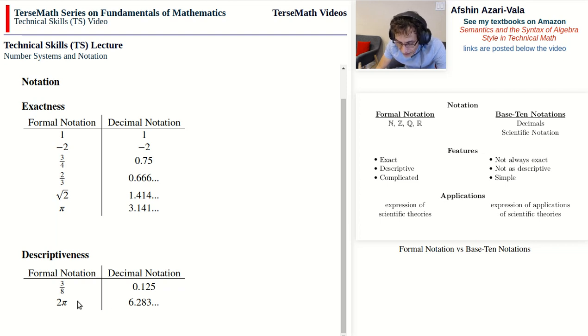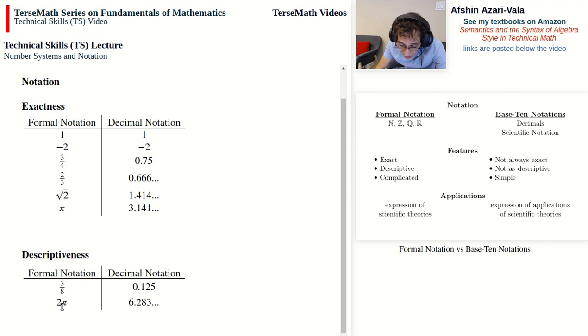And as you can see, the formal notation is much more descriptive. It takes almost a fraction of a second for me to realize what we're talking about when we say 3/8. Take something, divide it into 8 parts, take 3 parts. There is no way I can look at 0.125 and have that clarity of understanding.